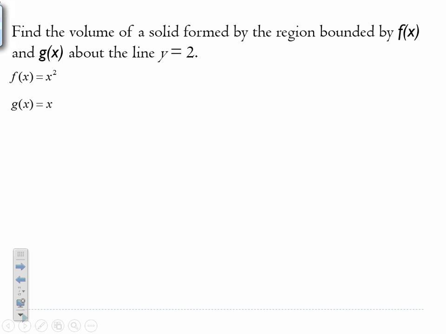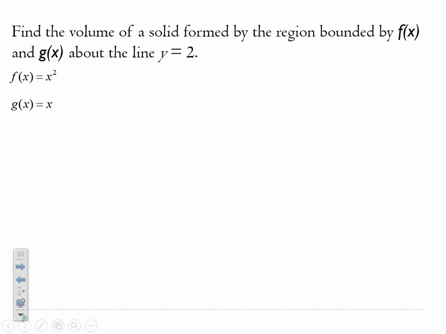All right, now we're going to step it up a notch, and we're going to rotate about lines that are not the x-axis. So how is that going to change things? Find the volume of the solid formed by the region about the line y equals 2. So we have x squared and x as our two functions.